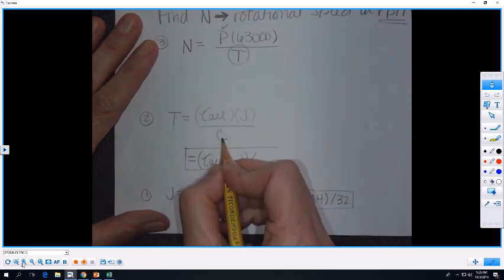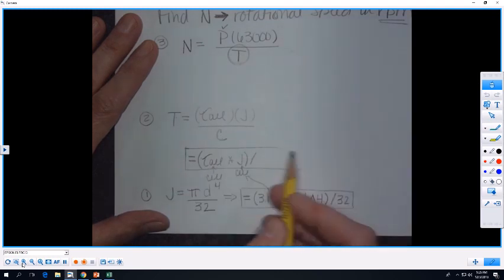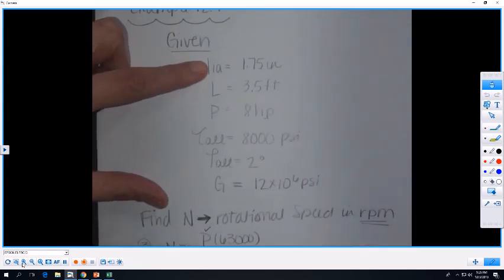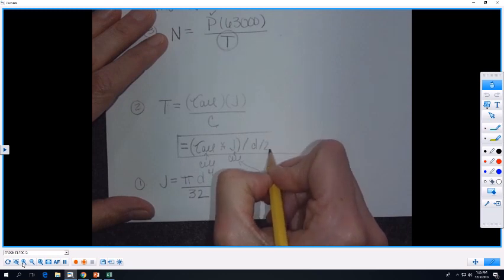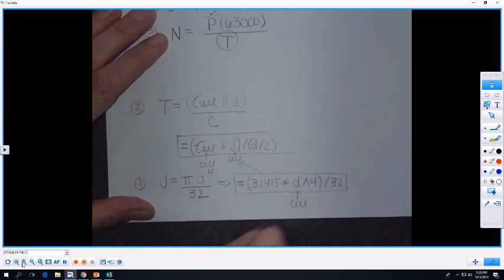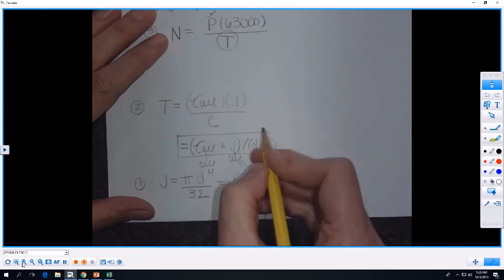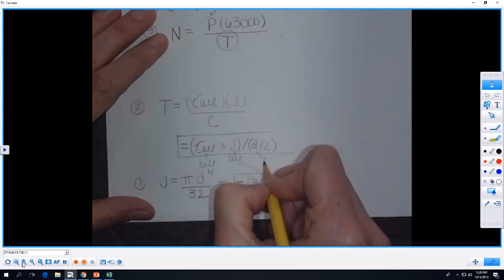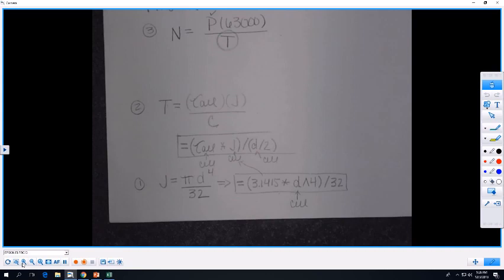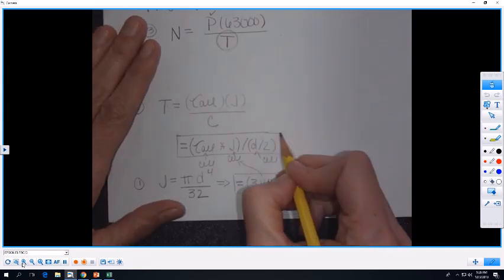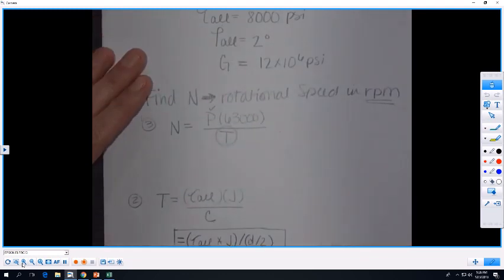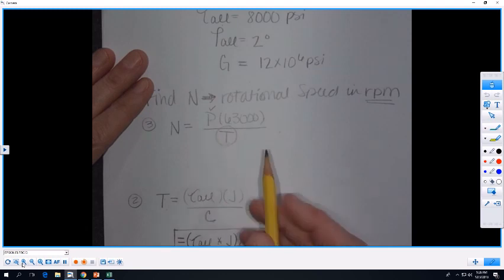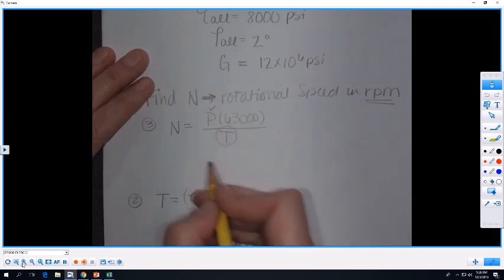Divide by C. Divide by C is going to be this diameter divided by 2, so it's going to be D divided by 2. But I have to put parentheses around it because I needed to do that before it divides in. Again, this is going to be another cell. And then the last one, move up here. Now we know what our torque is. We have a power for an input, and we'll be able to solve for that rotational speed.